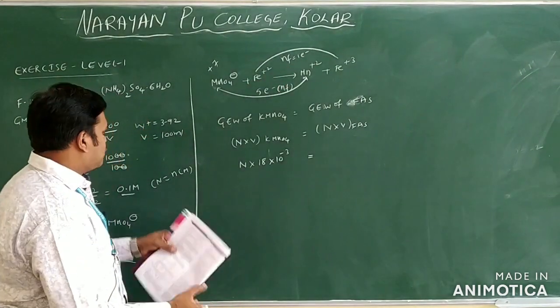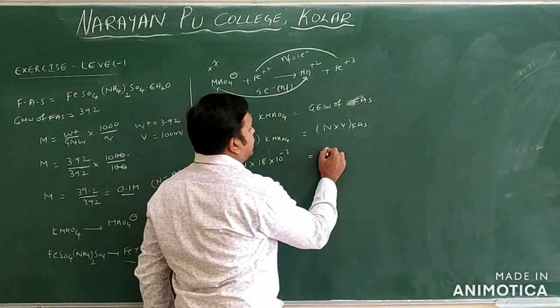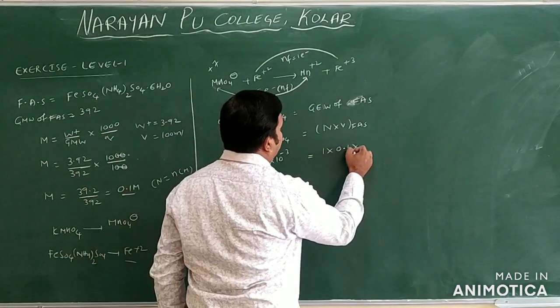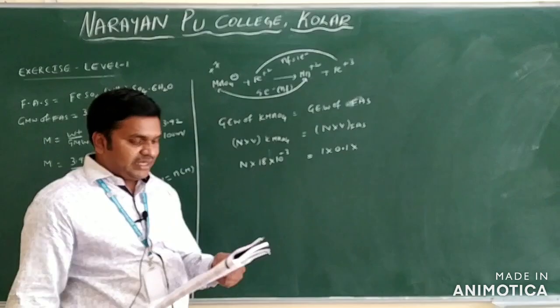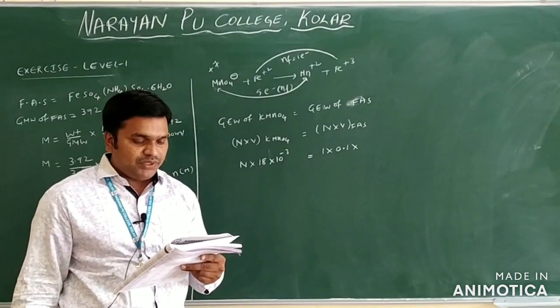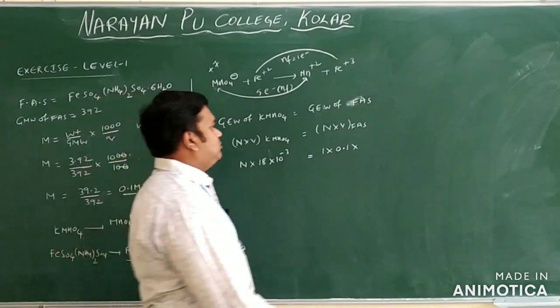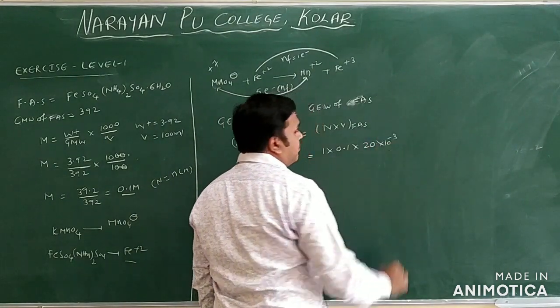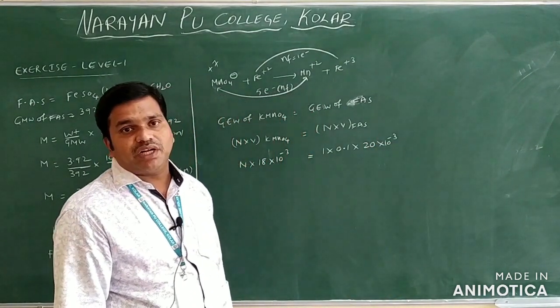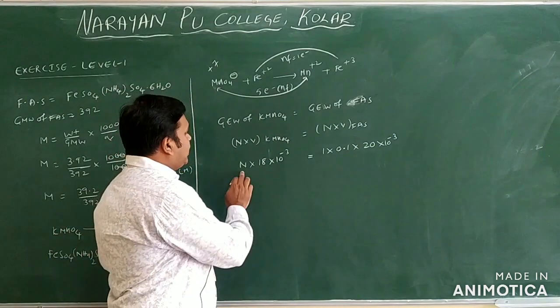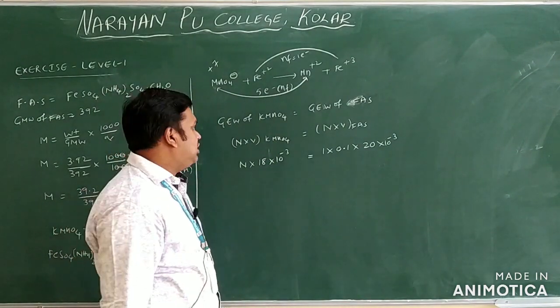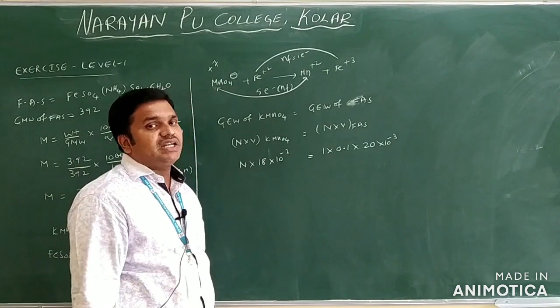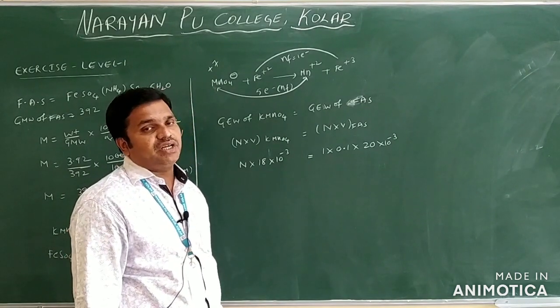So this is 1 into 0.1 into the volume they are taking, which is 20 ml, so you write 20 into 10 power minus 3. After finding the normality, you can find out the weight of the compound.